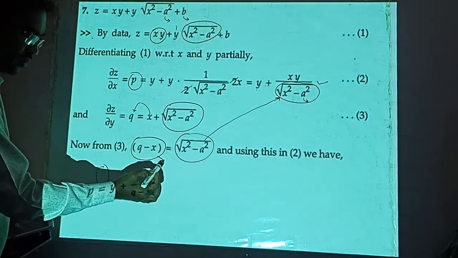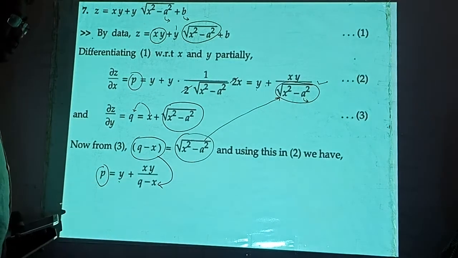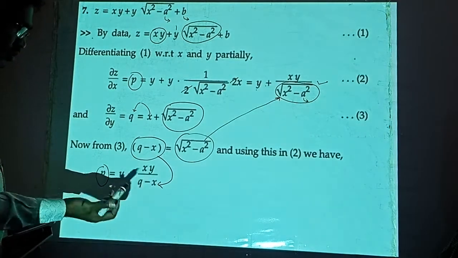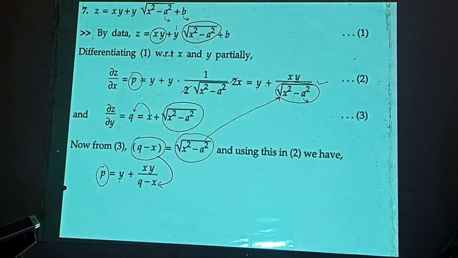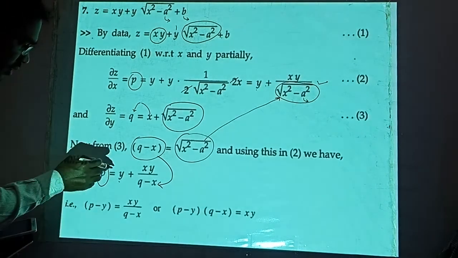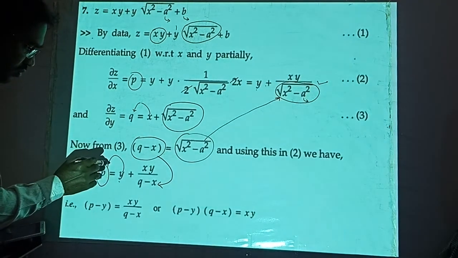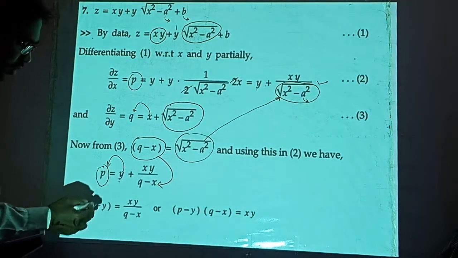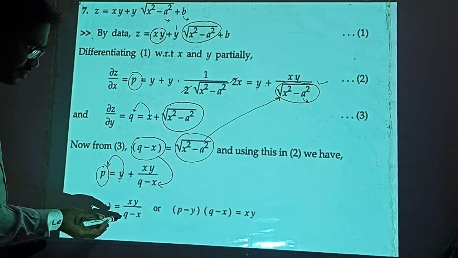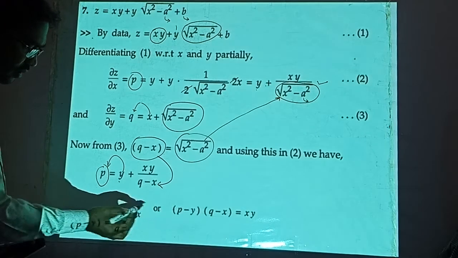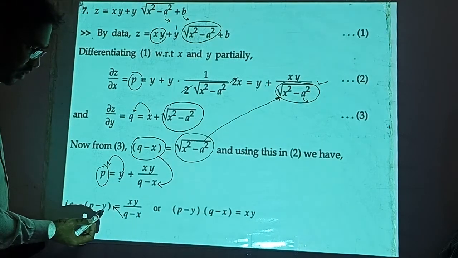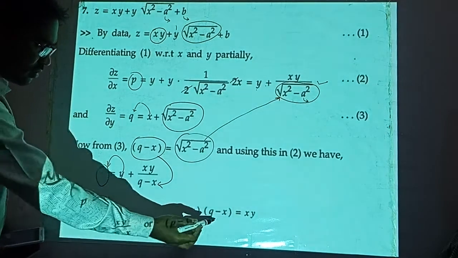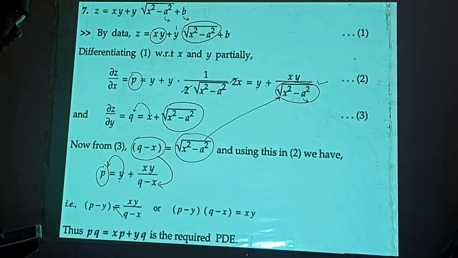So in the place we write q minus x. So there is no arbitrary constants a and b. Or you can rewrite this by taking y to the LHS. It gives p minus y is equal to this. Then you cross multiply, or p minus y into q minus x is equal to xy is the required PDE.